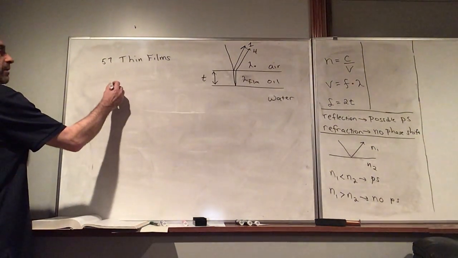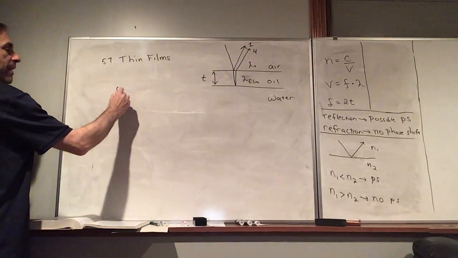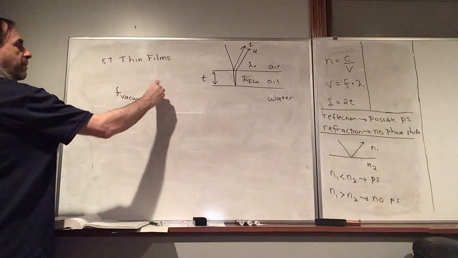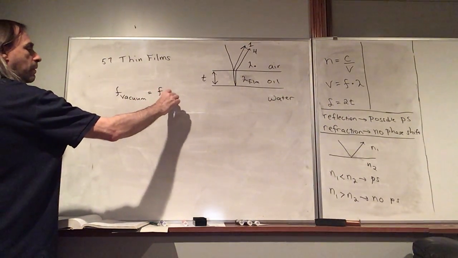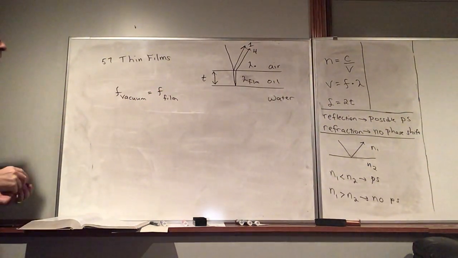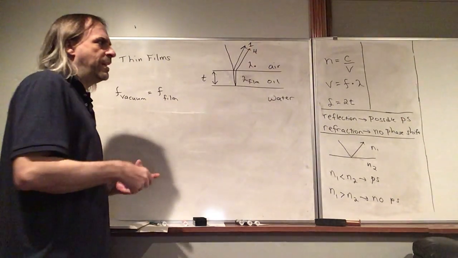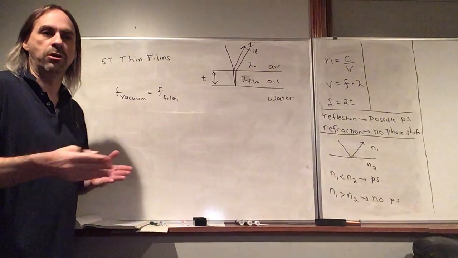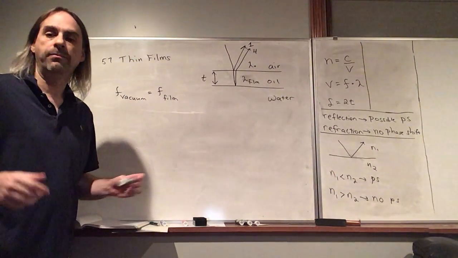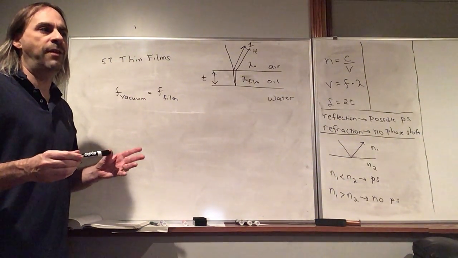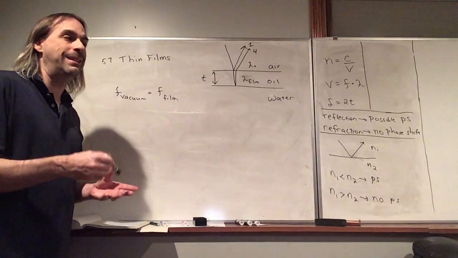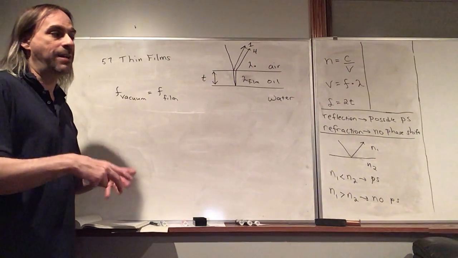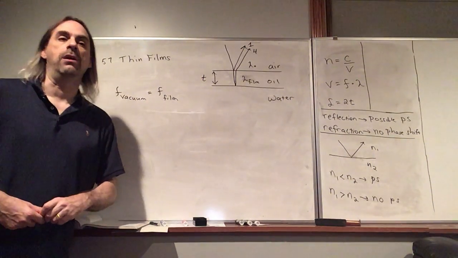Let's say that the frequency in a vacuum equals the frequency in the film. I'm using air and vacuum interchangeably, and that's just because n for air is like 1.0003 or something like that. I should point out that the effects of air on light aren't always insignificant, because light can be scattered by particles in the air.